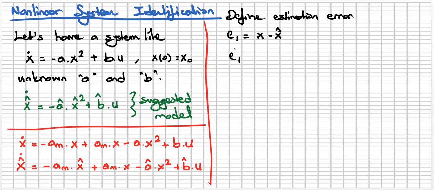So we can take the derivative of this term: E1 dot is equal to x dot minus x hat dot. And so we can involve this x dot dynamics of our physical system and our estimation model.